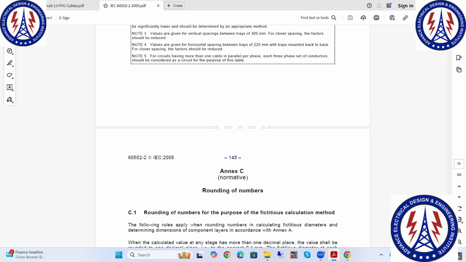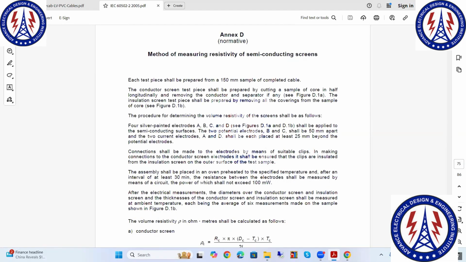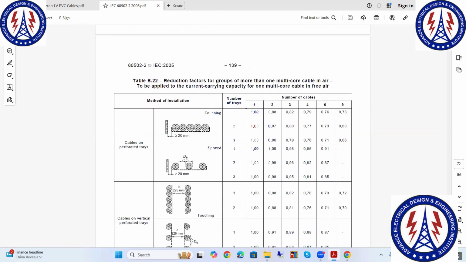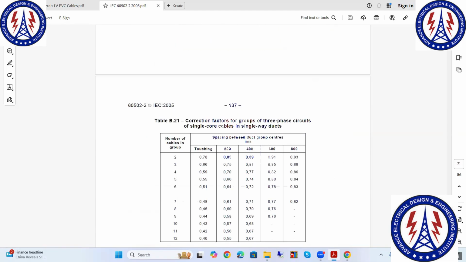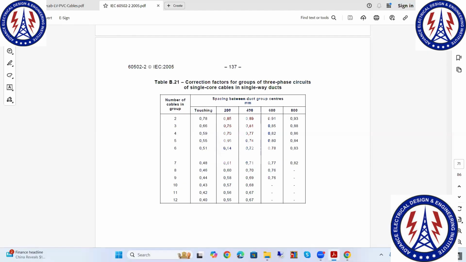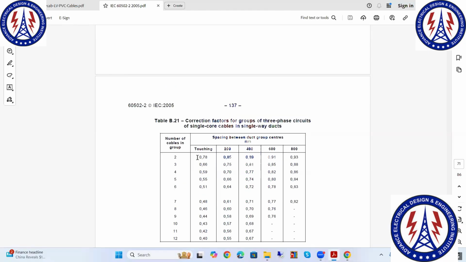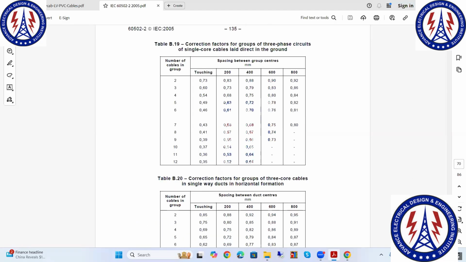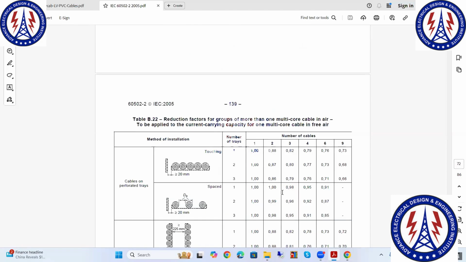Okay. It doesn't mean that; you should get this data from the vendor. They will provide you. In the duct also, they will provide you. Every data they will provide. You should get this data from the vendor. Here it is mentioned, this is for the air.